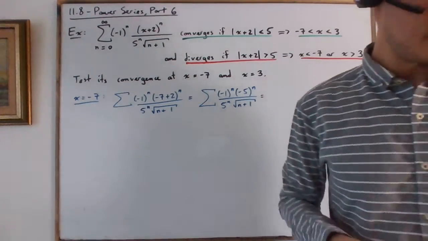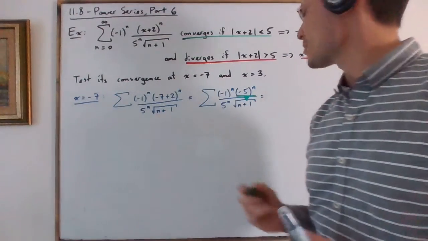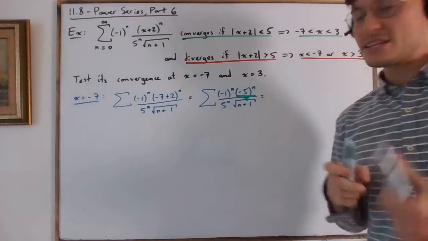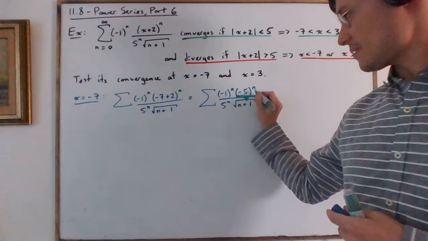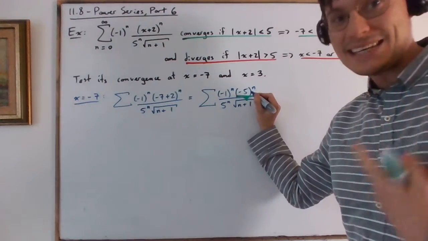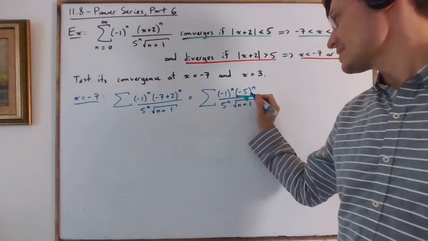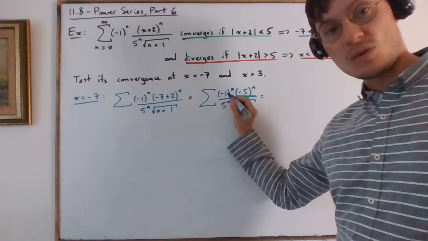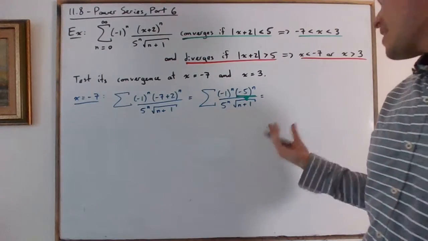Now here's the important part: this -5 to the power of n, we're going to split it in two parts, because this factor right here is alternating. It's going to be negative, positive, negative, positive. But this one is also alternating, so we can pair them up together.